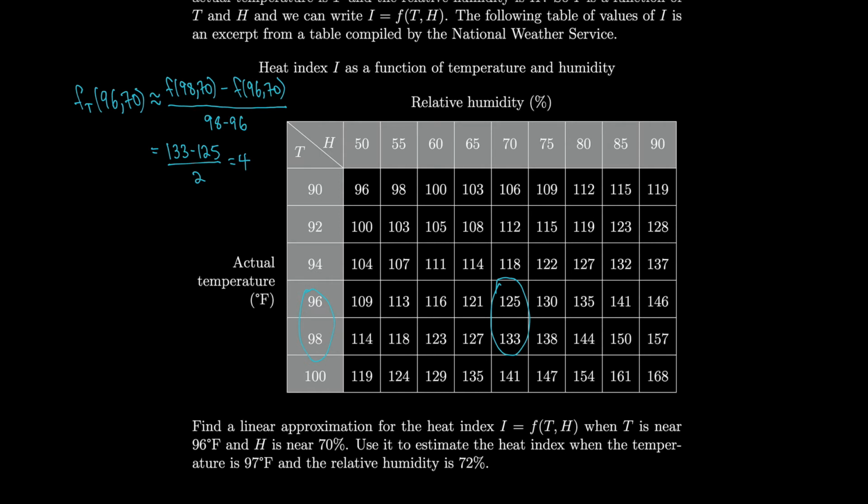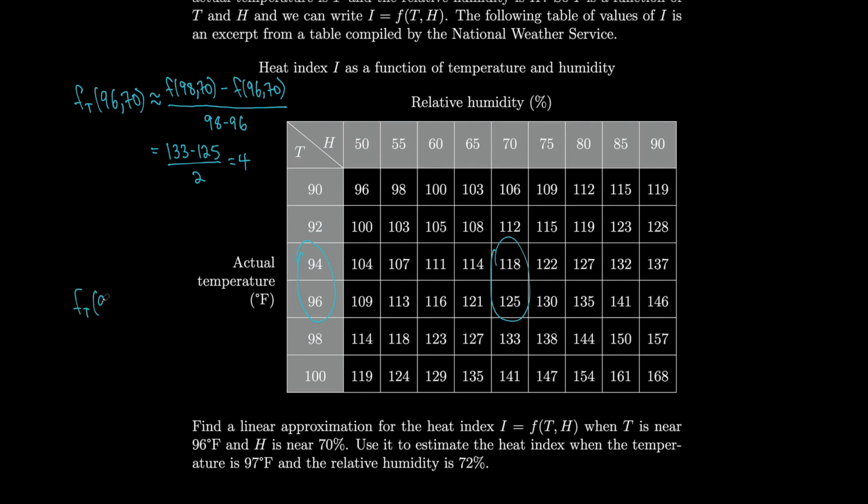However, it would probably be good for me to go the other direction also. I went a little bit above my value. How would I go a little bit below? So let's look at 94 to 96. So let's look at fT in that case. Maybe I'll go over here for more space.